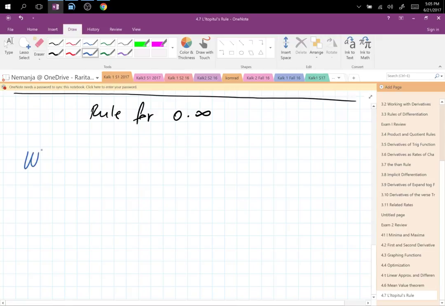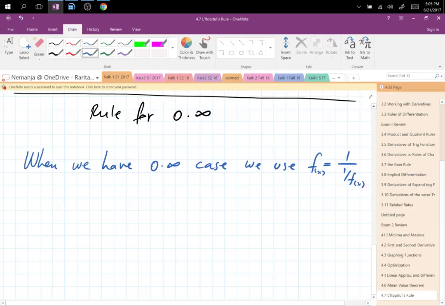So when we have the 0 times infinity case, we use f equals 1 over 1 divided by f. That's f of x, right? It's a trick that works very well.